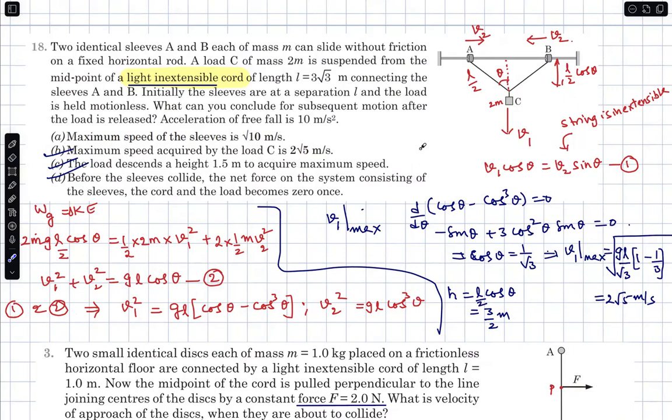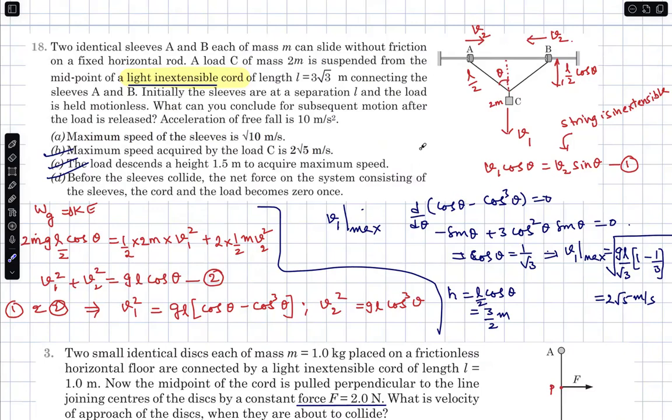Before, see what is happening: it is coming down. At some point, velocity becomes a maximum. Remember, just after that, acceleration direction will change. Till this moment, the acceleration is in downward direction. So velocity increased, reached a maximum. Thereafter, acceleration will be in the opposite direction.